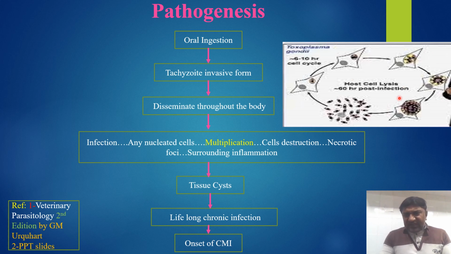You can observe in this structure the whole cell lysis at 60 hours post infection, then it spreads the infection, goes inside the cell, multiplies, and spreads again. That is the source of toxoplasmosis.